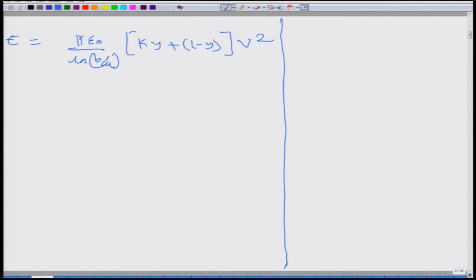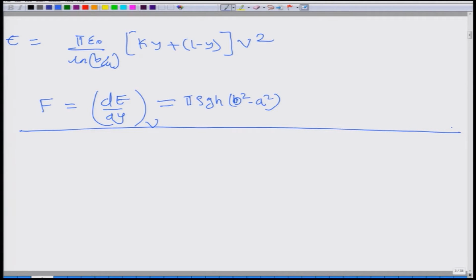Once we have the energy stored and its dependence on y, we can calculate the force on the dielectric, which is just dE by dy at constant V. This has to be equated to the weight of the oil, the dielectric oil, which is given by V square minus A square. Once you equate these two, you can find the height up to which the oil rises in between the two tubes. Okay, so this is the hint to problem number 4.28.